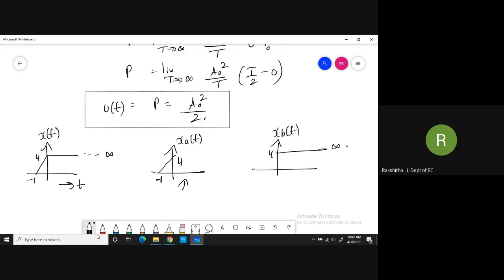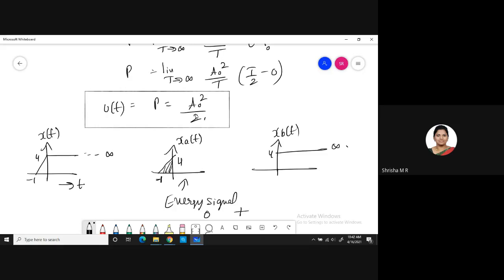Ma'am, A naught square by 2, it, ma'am. No, what type of signal is this? It's an energy signal, right? Yes, ma'am. This is an energy signal, so power is 0. And what about this? This is a unit step, right? What is the power of unit step?